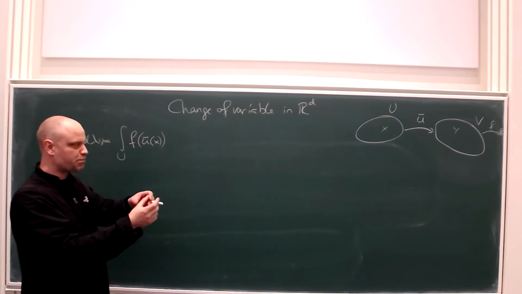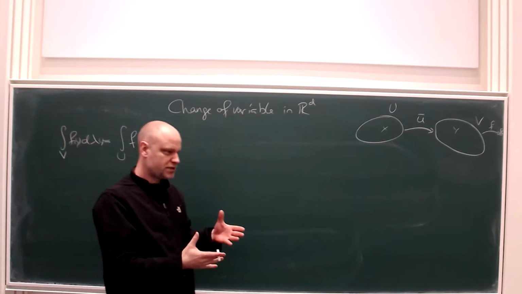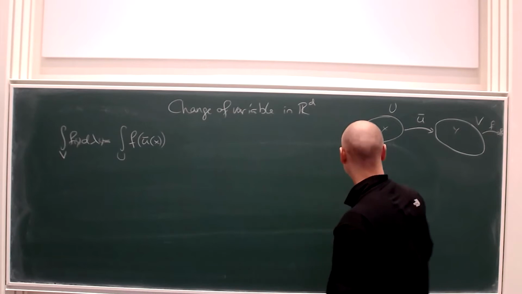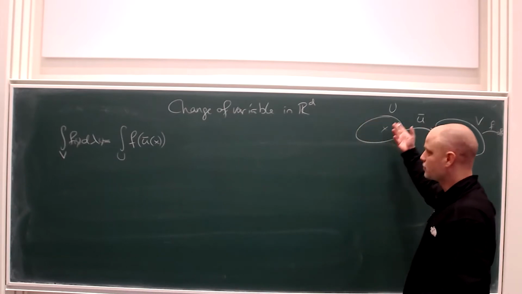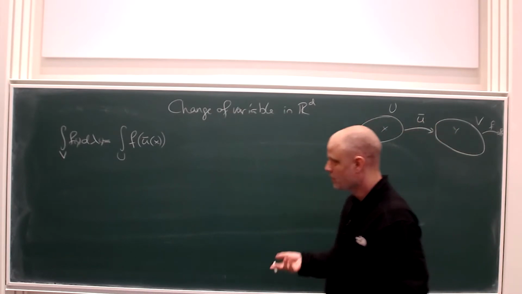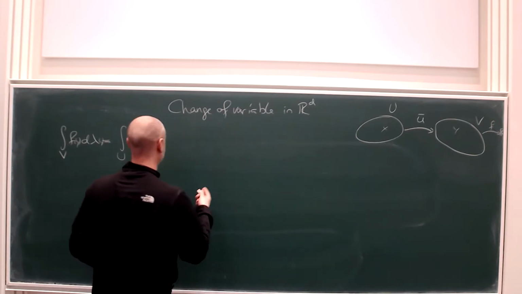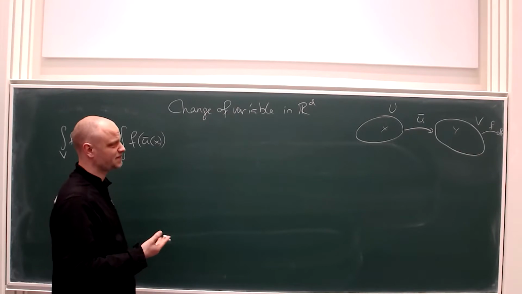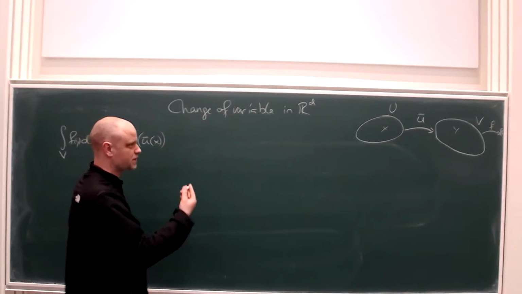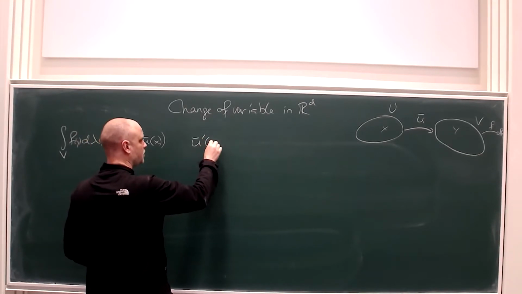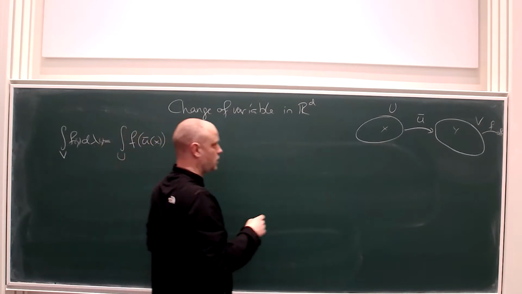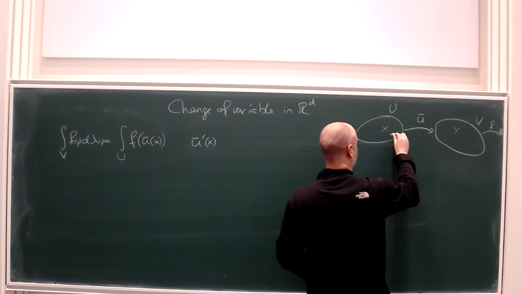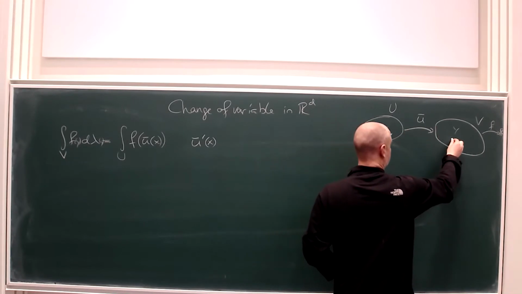But we know that when we pull back things, size changes, so we need some factor to account for this. In the one-dimensional case, it's just the derivative. In the several variable case, it's what's called the Jacobian, which is the derivative of this function U at some point x.